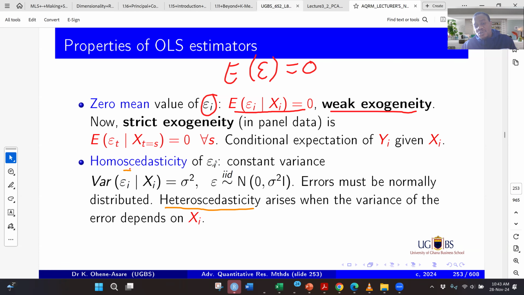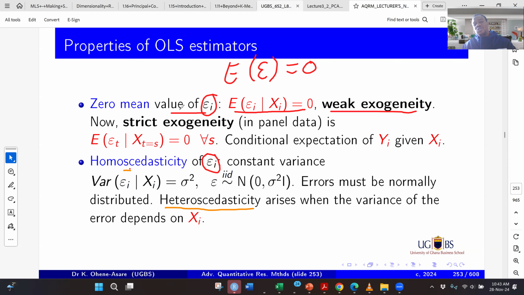The error, and please know that every assumption we are talking about so far is about the error. This one is looking at the center of the error. The mean talks about the center. It's the measures of central tendency. We have the mean, the median, the mode.